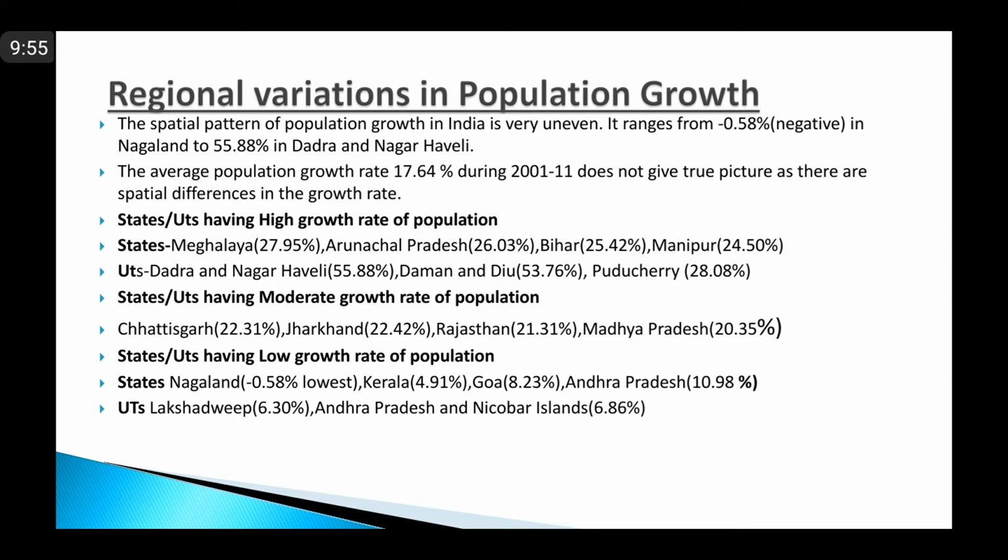States like Kerala, Karnataka, and some other southern states show a low rate of growth, not exceeding 20% over the decade. Kerala registered the lowest growth rate, about 9.4%, not only in this group of states but also in the country as a whole.